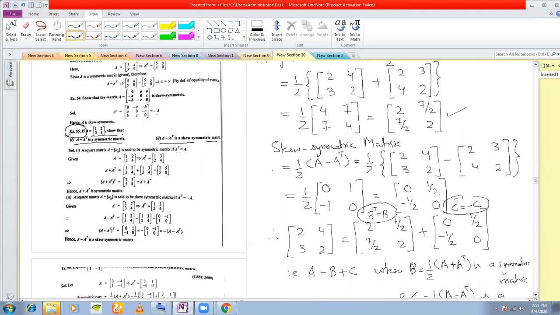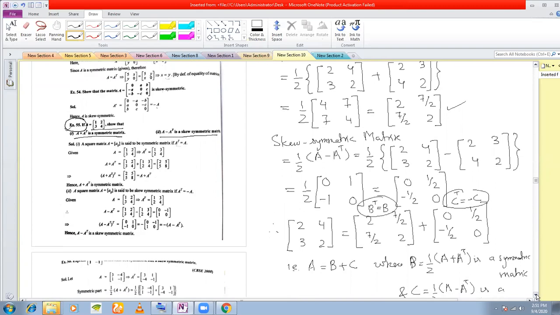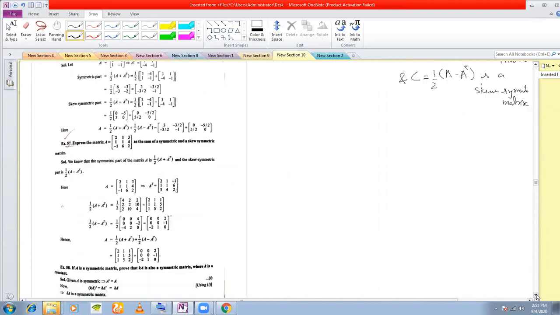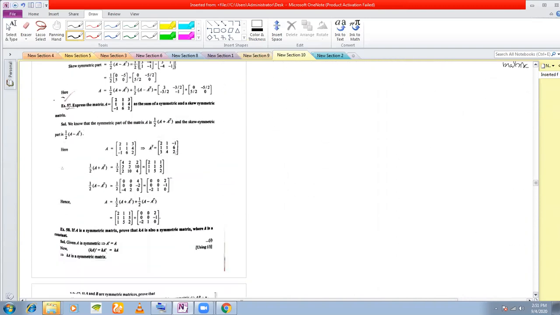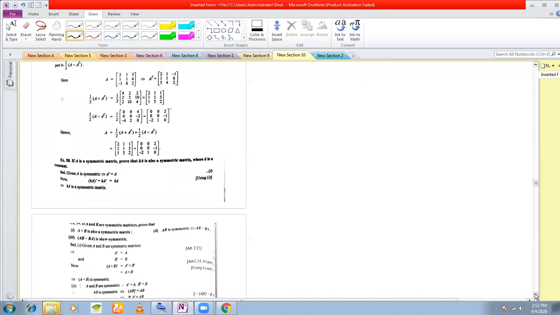A minus A transpose is a skew symmetric matrix. Go through this. Yes, this type of sum I have done already. Express A as a symmetric and skew symmetric matrix. Do it on your own. See the example. I'm giving a solved example so that if you make any mistake in your multiplication, you can check your mistake.